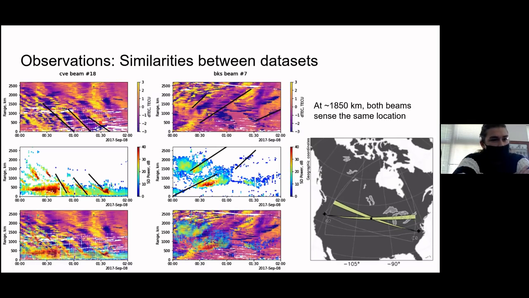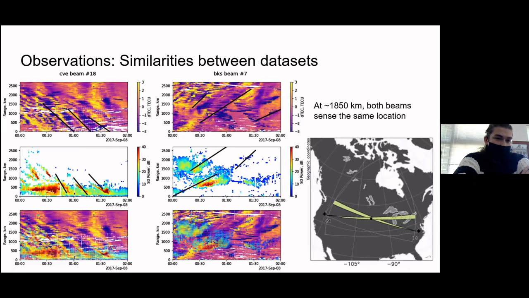Another thing I did here was I found a pretty individual location where Christmas Valley, a radar in Oregon that looks eastward, and a radar in Virginia that looks westward, at the same slant range for both radars, see the same location.